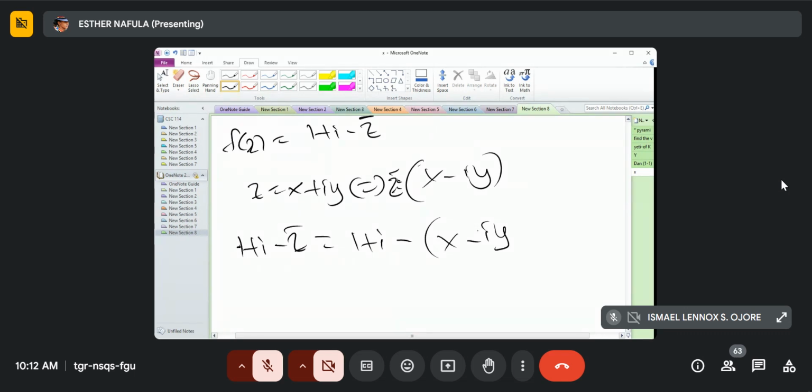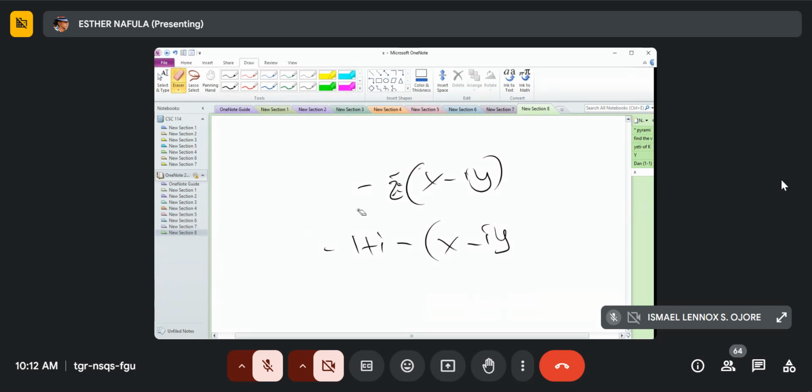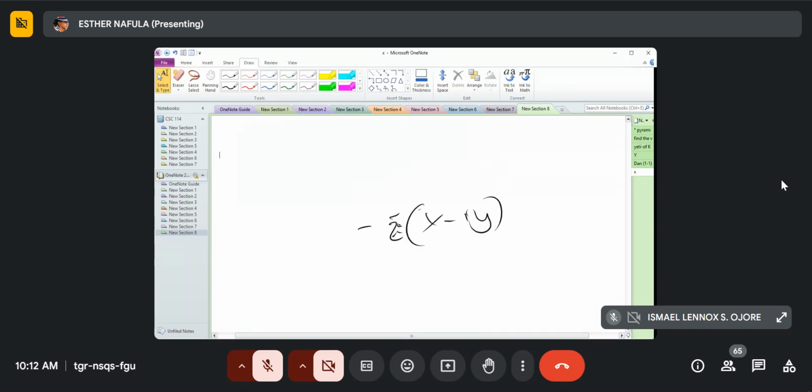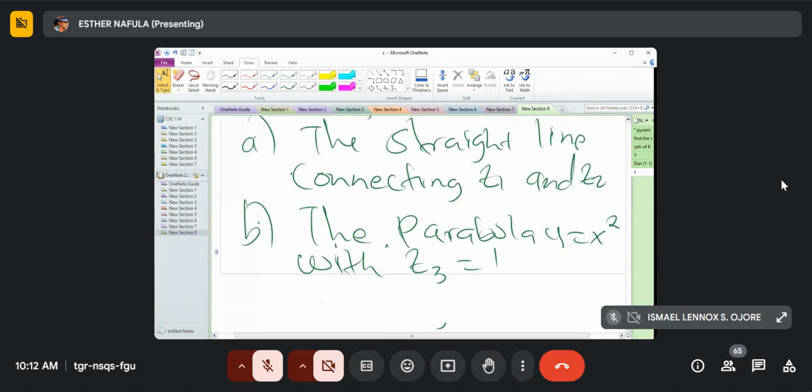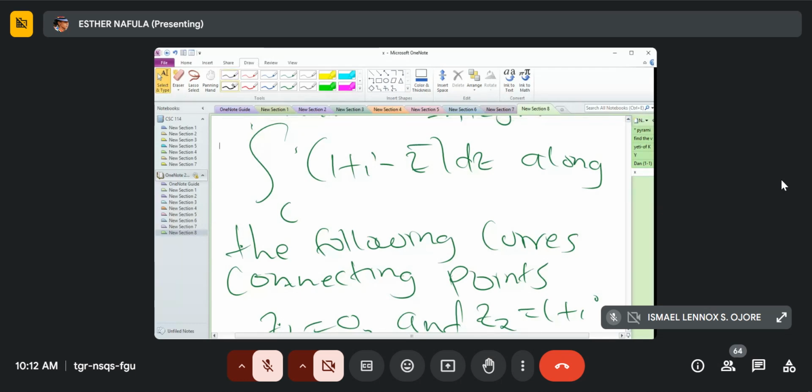It's supposed to be 1 plus i minus 2z bar.